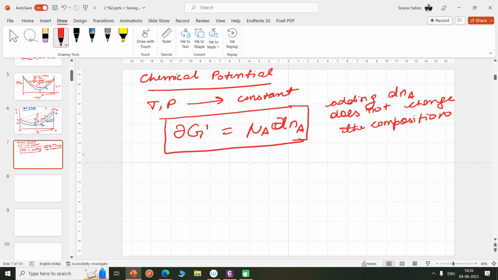Another way of writing this is taken at constant temperature, pressure, and NB, where NB is nothing but the complement, because we are talking about binary solutions. So NA plus NB is the total number of moles in the system. So NB has been kept constant and NA was increased.